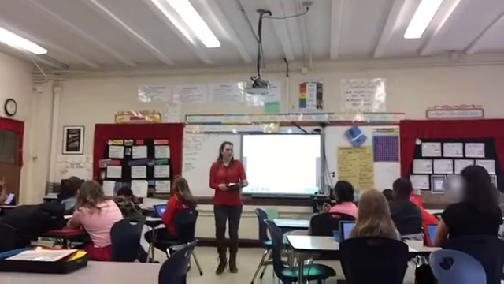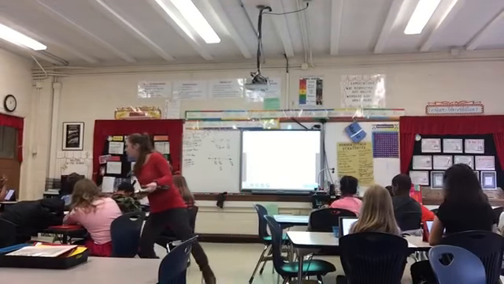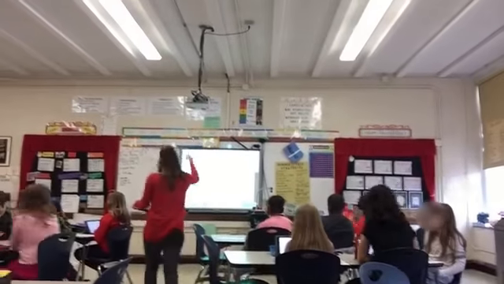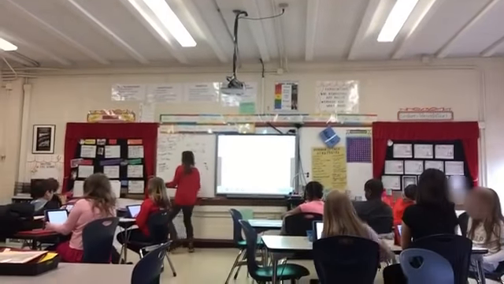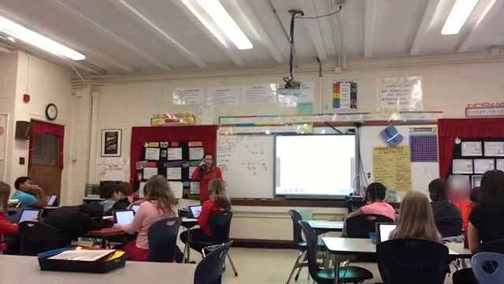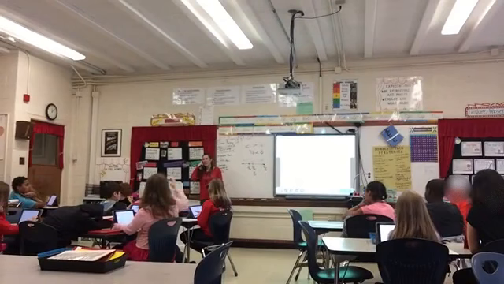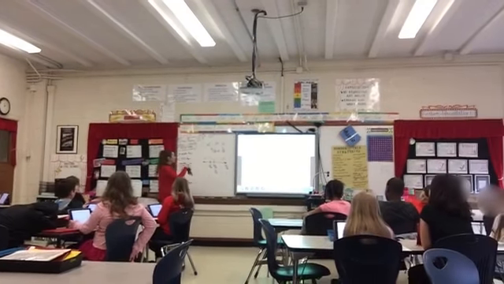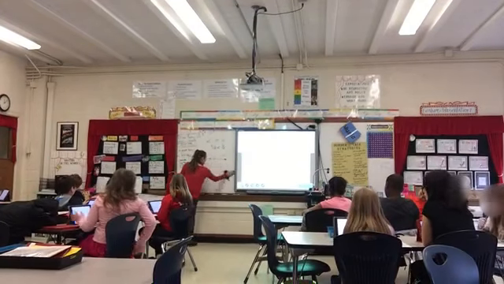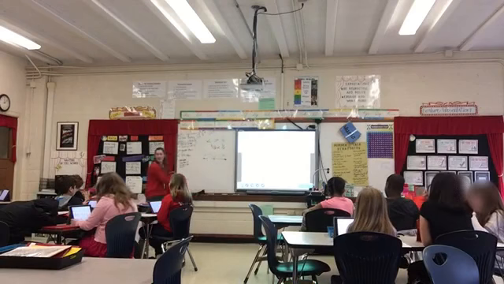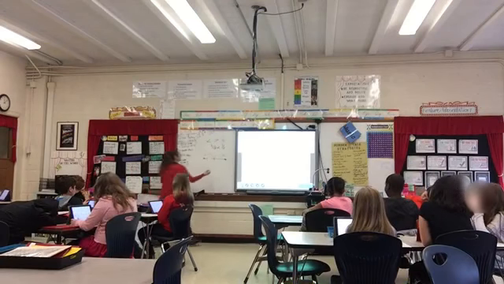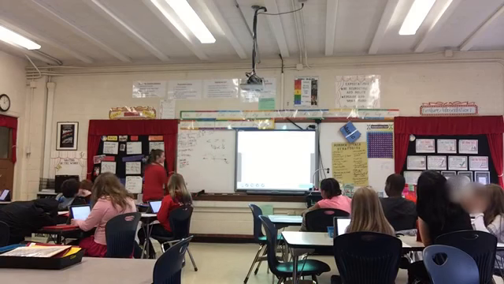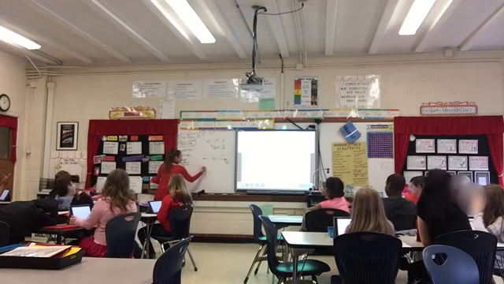Class, what is 1 whole? 5/5. Do we know off the top of our head what half of 5 is? It's not even, so it won't be an even half. 2.5. If I didn't know what half of 5 was, I know that 5 is between 4 and 6.